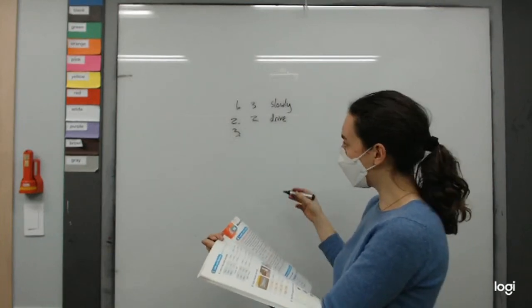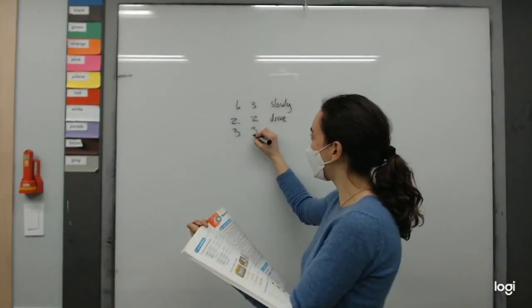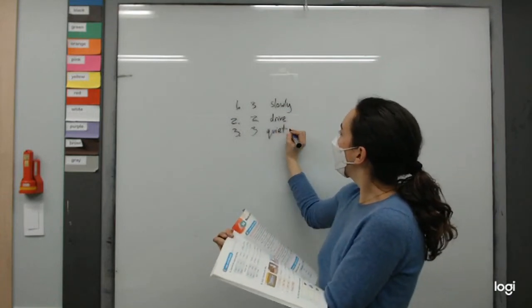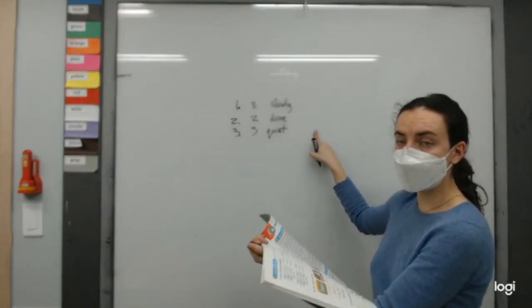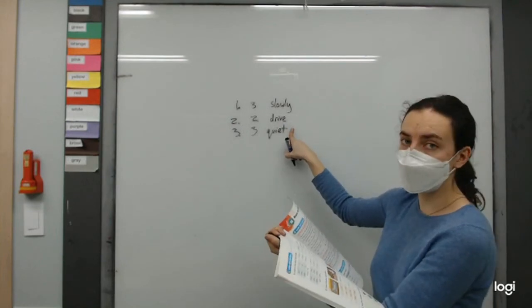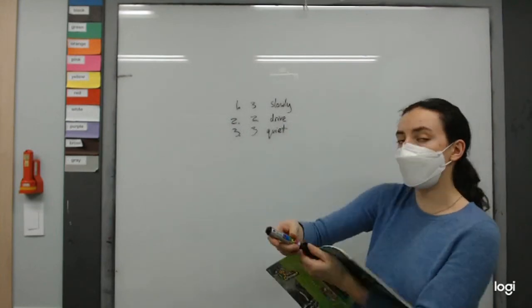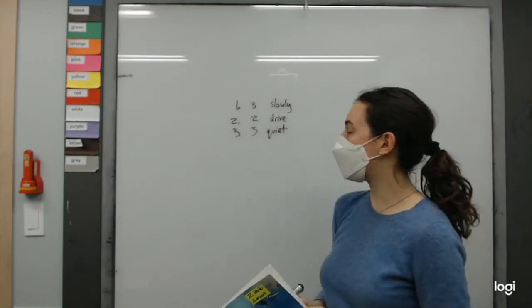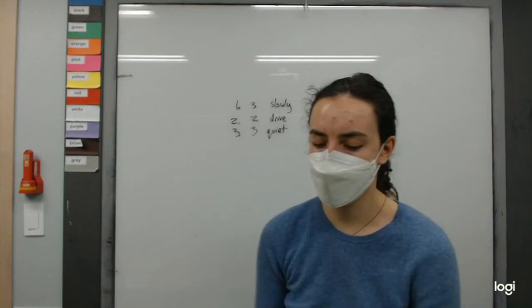And the last one, the library is a quiet place. Here, quietly is talking about place, a noun, so we can't use quietly, which is an adverb, so we change it to quiet. Okay, good. Now, pause to check your answers, and we will move on.